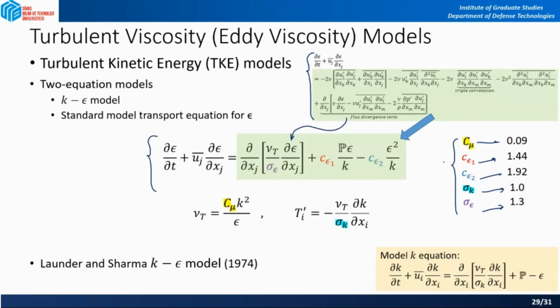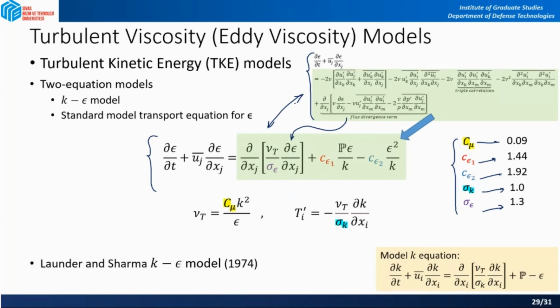And if you compare the exact and model equations for epsilon, you can see how significantly the transport of epsilon is simplified. You just compare these two together. So you can maybe guess now how much difficulty this model could have where there is a need for correct modeling of energy dissipation. And this will be very limited to model that.